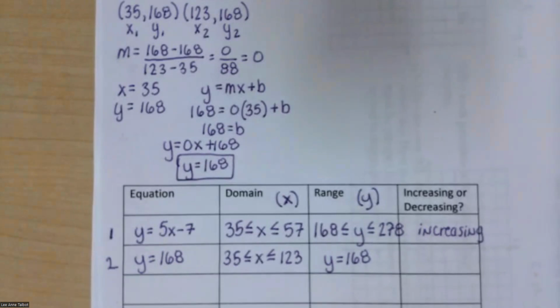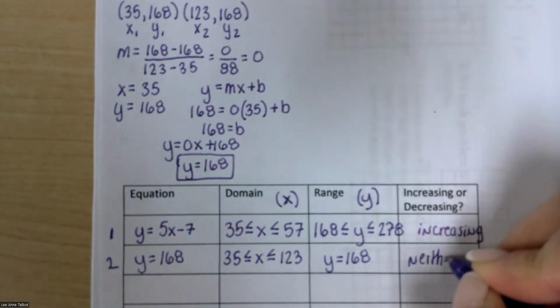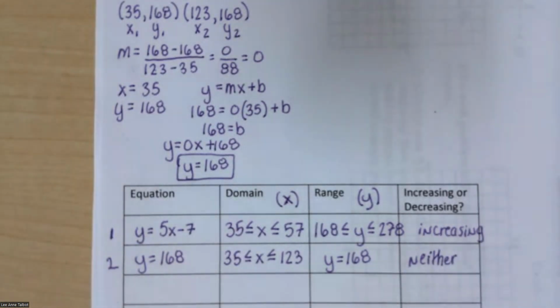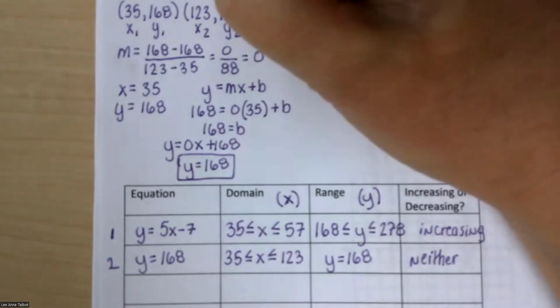It looks really weird if you put 168 to 168. You put that it's neither increasing or decreasing, it's staying the same.